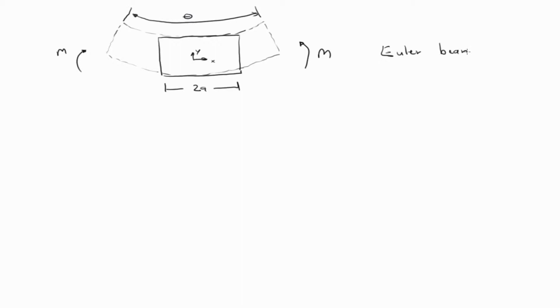So if we imagine some deformed position, the dashed line being the deformed position of the beam, we can define some angle here, we'll call theta, x and y. And this deformation would occur when you apply some moment. This distance is 2a. So this is an Euler beam, and it's a continuous beam.